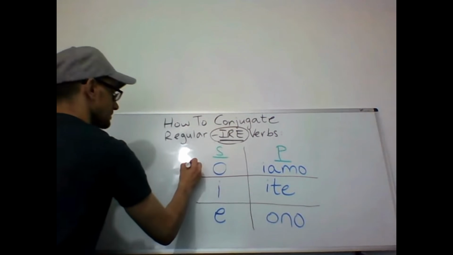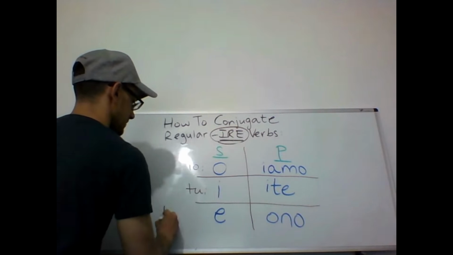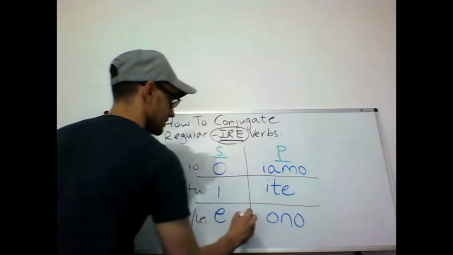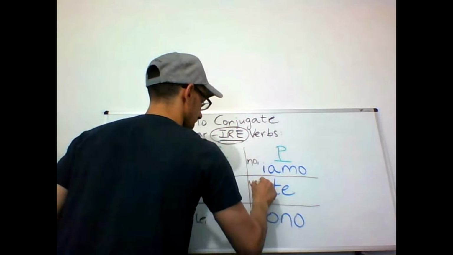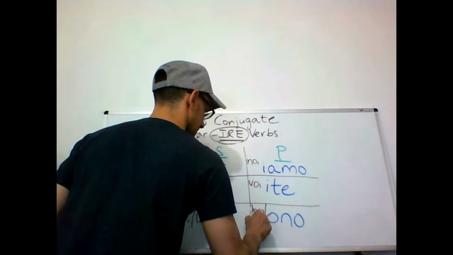And again, io, tu, lui, lei, noi, voi, loro.